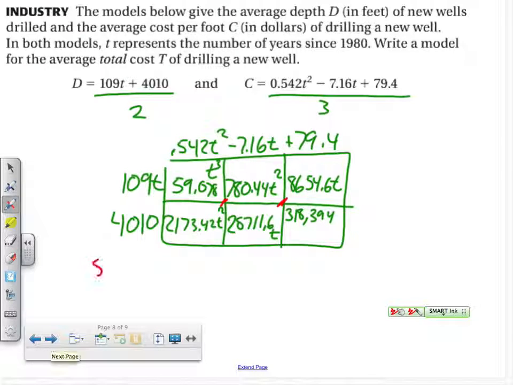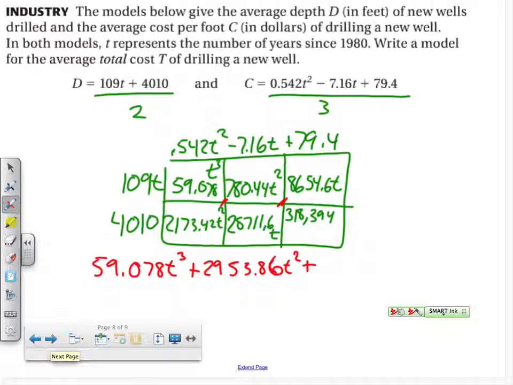And last thing, combine like terms. Okay, so it'll be 59.078 T cubed plus 2173.42 plus 780.44 plus 2953.86 T squared.